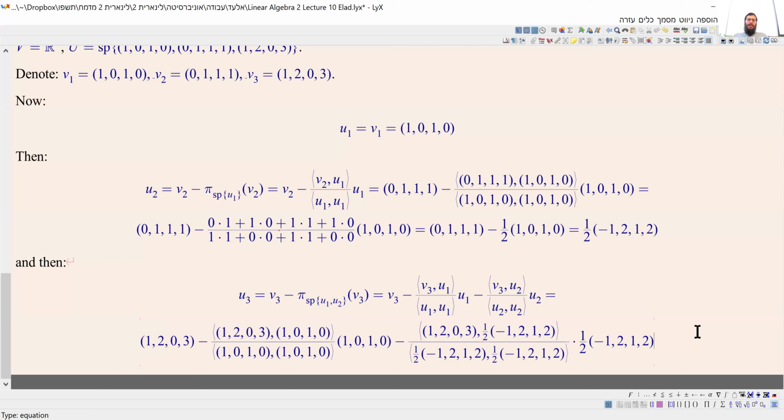Now notice something nice from the technical point of view. We're having a U2 and I wrote it down with a scalar outside. The scalar cancels itself when we look at the product. It appears 2 times in the denominator and 2 times in the numerator.